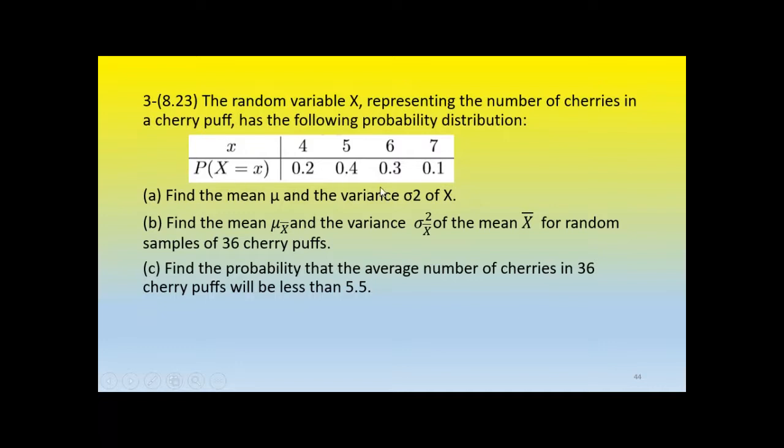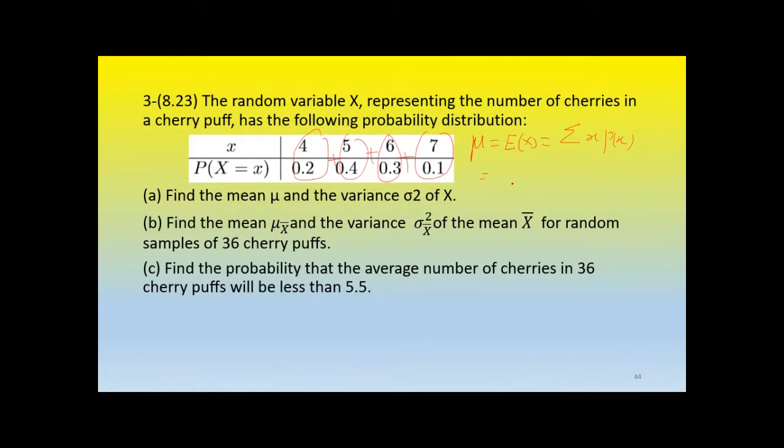For this x, we know when there is a probability distribution, what is the formula for mean? Mean mu for any probability distribution is the expectation of x, isn't it? Which is the summation of x times probability of x. That is, multiply the x value and its probability and then sum them up, isn't it?